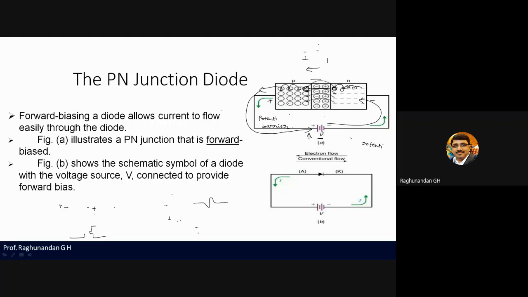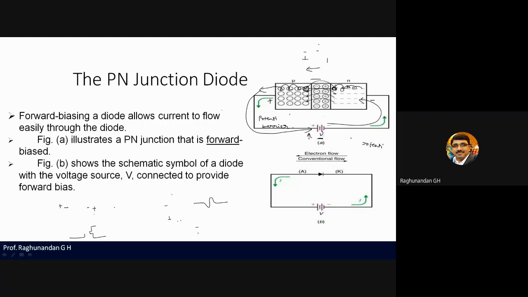Once the input voltage becomes greater than the barrier potential, then the current starts flowing, because the electrons get attracted towards the P terminal, and the holes get shifted towards the N terminal.